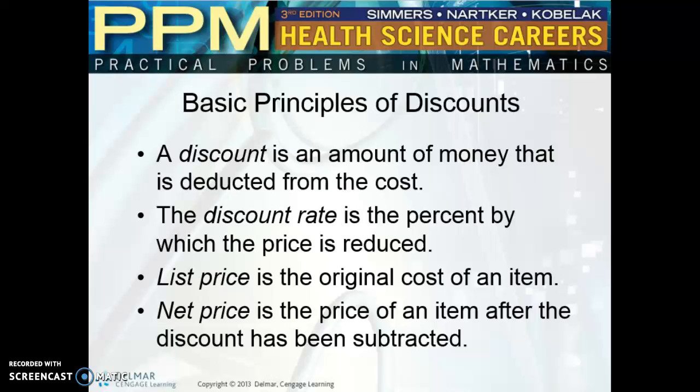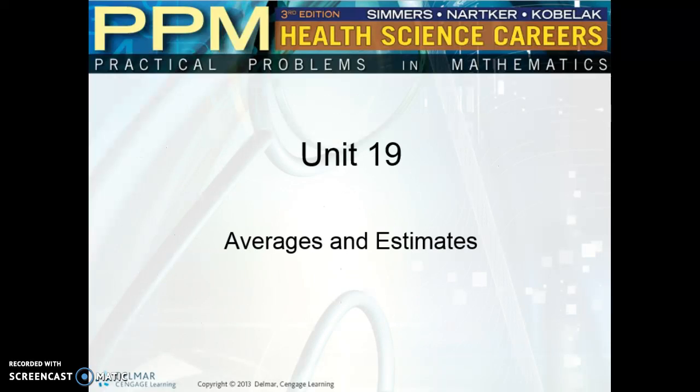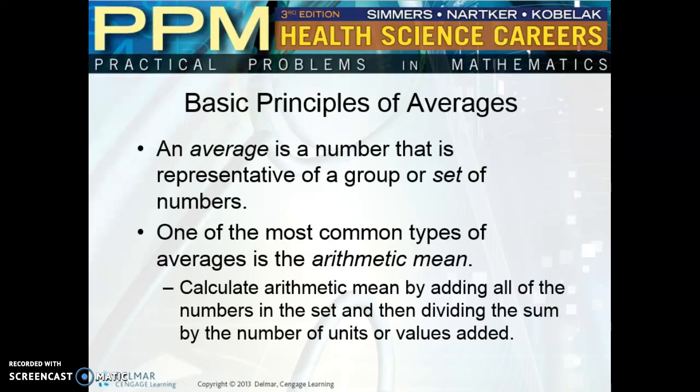The final unit is on averages and estimates. An average is when you add them all up and divide by how many you have. So an average is a number that is representative of that group of numbers. So when we think about an average, it means adding them all together and then dividing by how many we have. So that's what an average is all about.